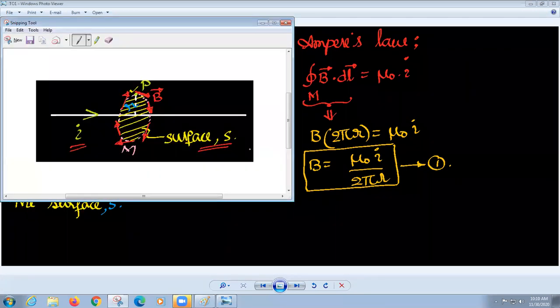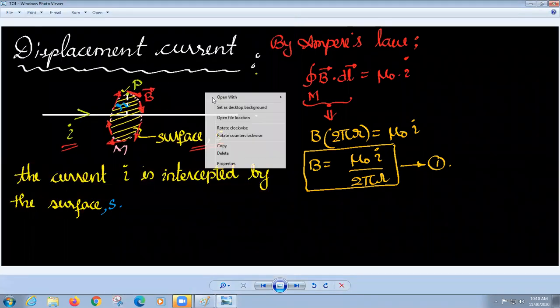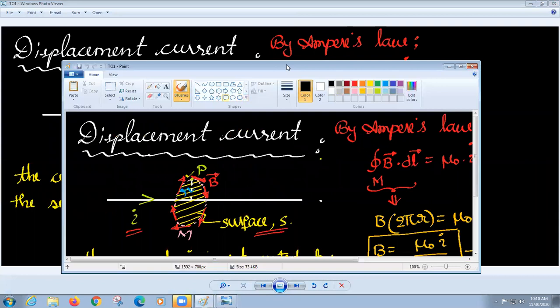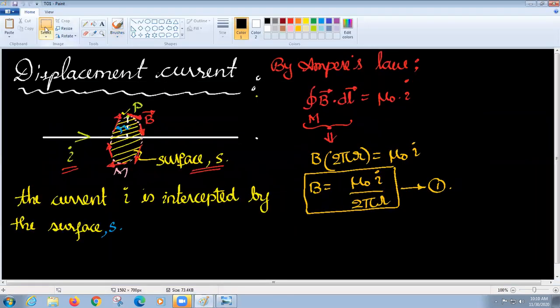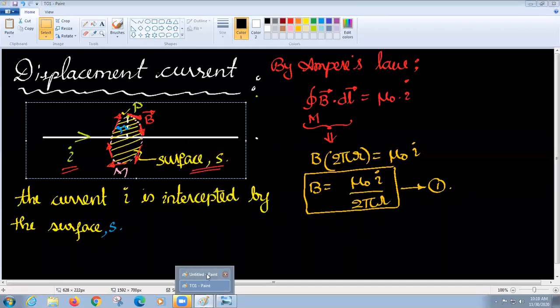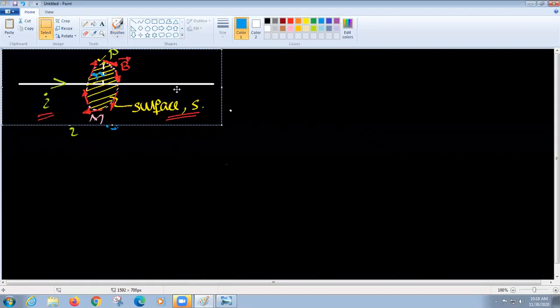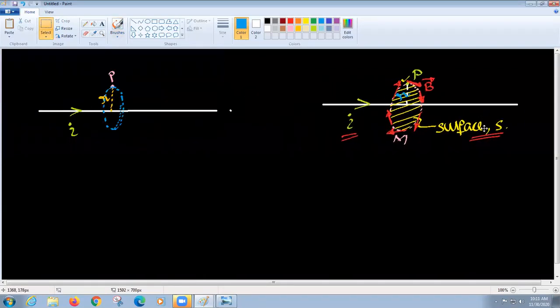Not like this. We don't cut this figure. I'll open this with Paint. Let me select it. Copy it. Let me put it down here. You have the previous case.